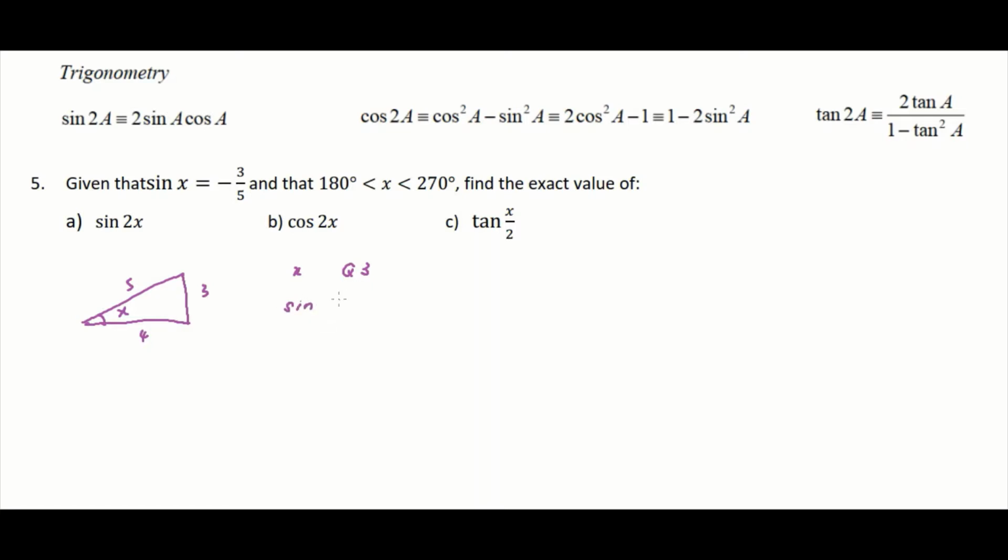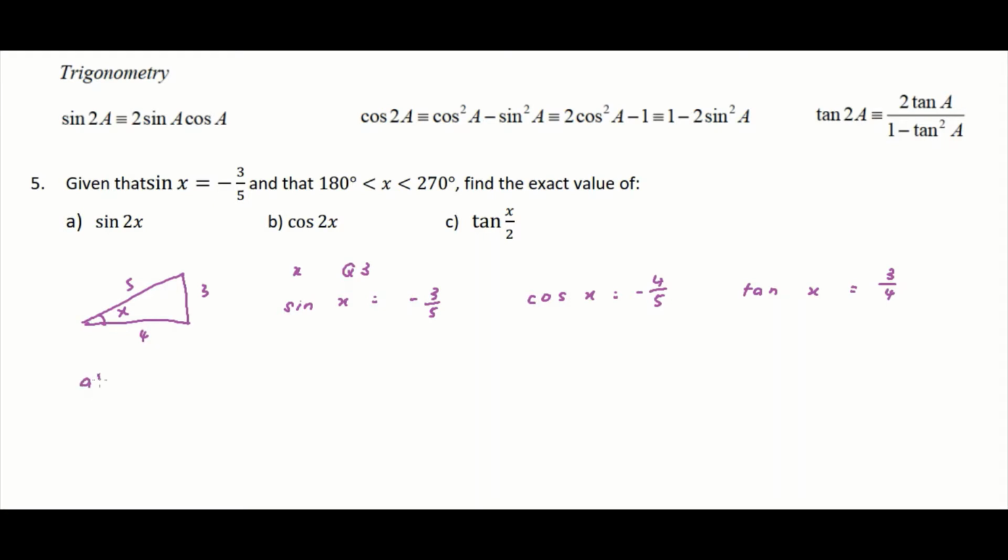So sine x equals to negative 3 over 5. Then your cos will be equals to A over H. Then after that, tangent O over A. So don't forget your negative for cos. Okay, so after you have got this, then we can continue.